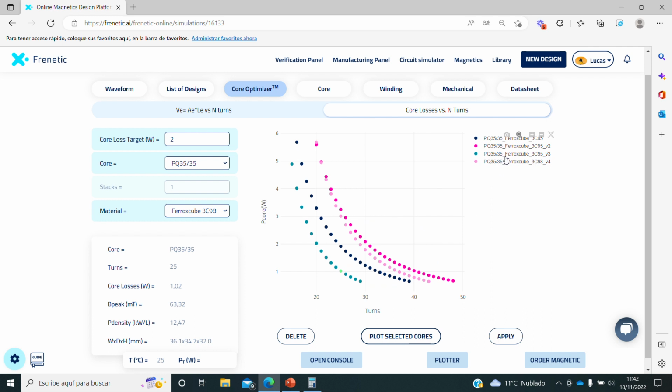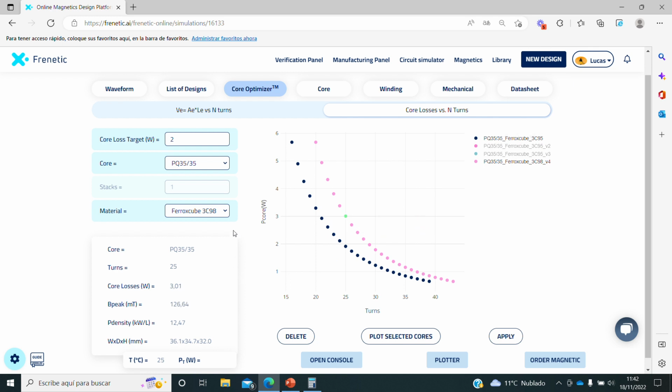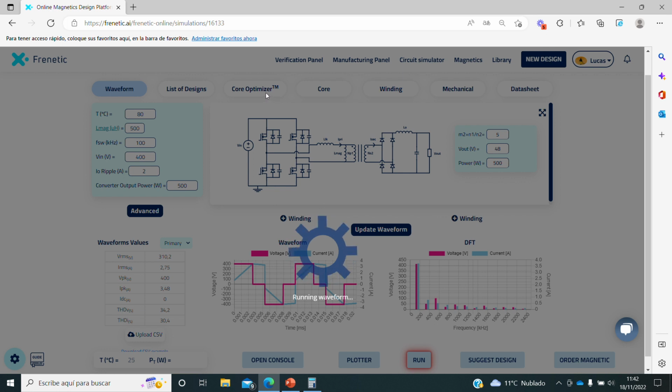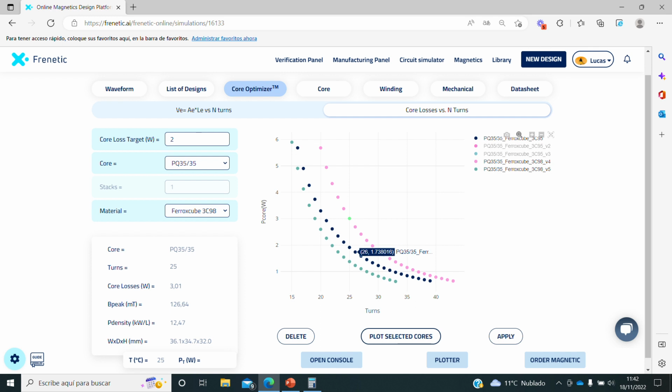If we compare one by one, it would be this curve with this curve. Now the thing is that this material is optimized for high temperature. So this means that we should increase the ambient temperature. So if we increase here to 80 degrees, then if I run again, what I will see is that the losses of this 3C98 are much lower.